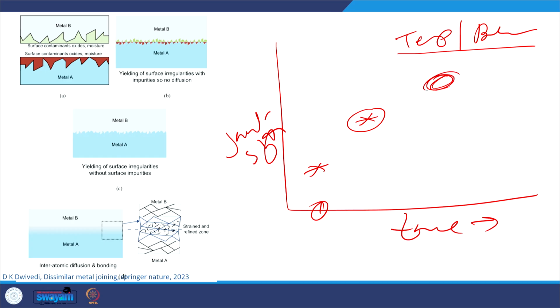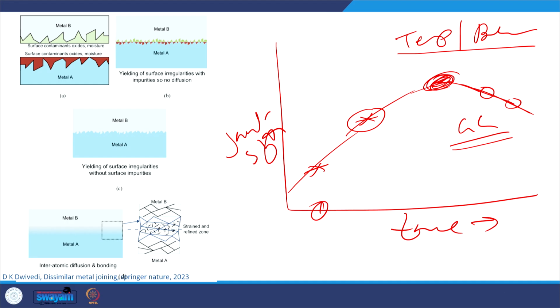Again we have the optimum, and then our joint strength will start decreasing, because overheating means keeping the components at a higher temperature for a long time. It will start grain growth and other thermal or metallurgical degradation due to high temperature exposure for a long time, which will degrade the joint performance.